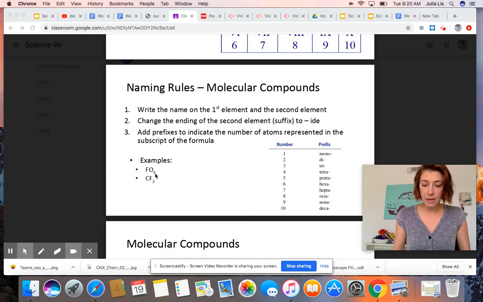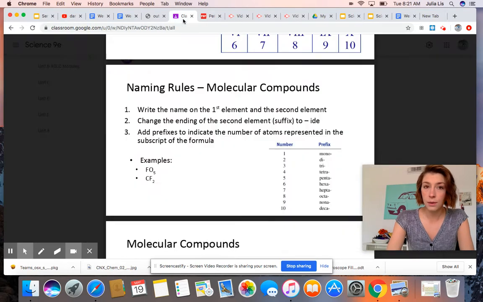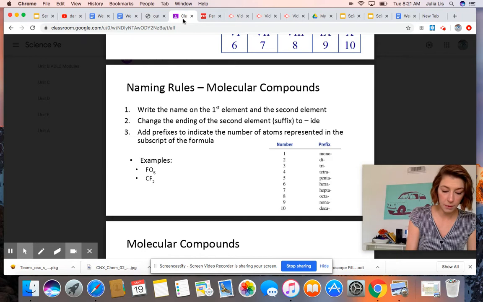So when I name this, okay, to note that it's a molecular compound, it's 2 nonmetals. So I can even go check on my periodic table. Here's fluorine, number 9, and oxygen is number 8. These are both nonmetals. And so I'm going to name them as I find them. Okay, so I will write fluorine.